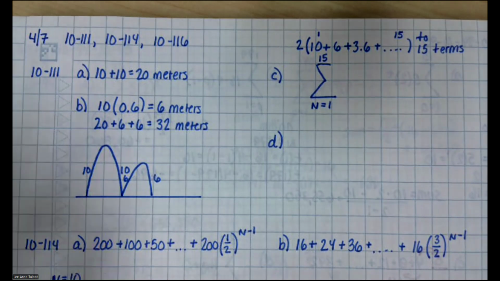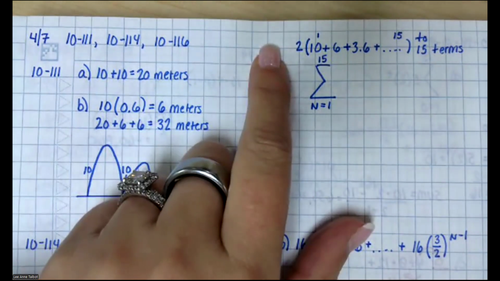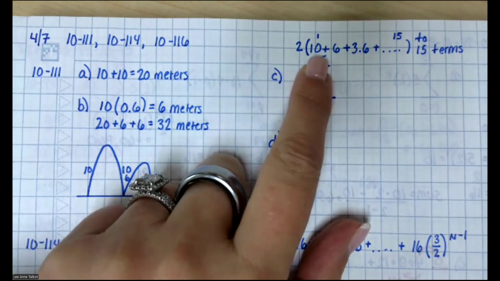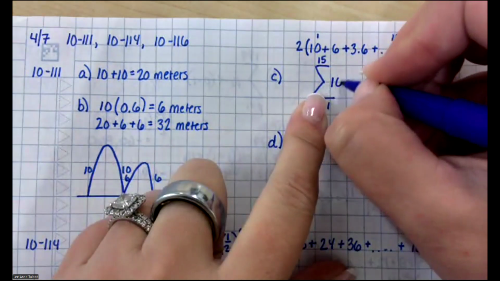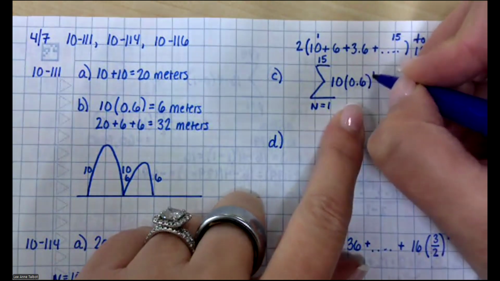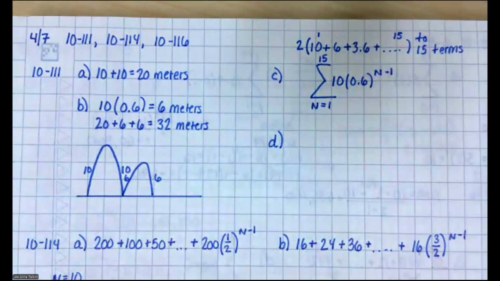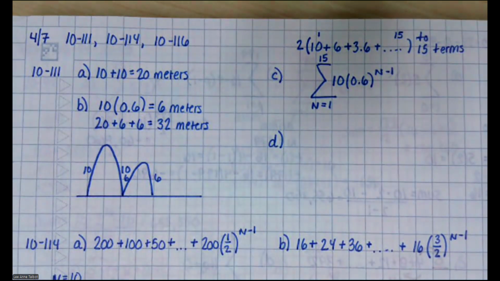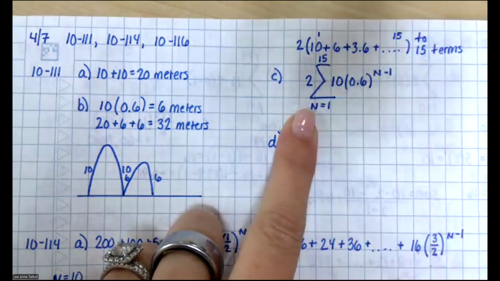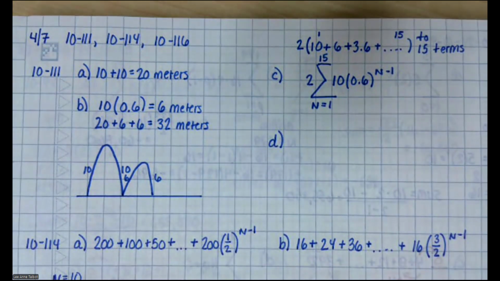Then I'm going to say I'm too lazy to find term 0, so I'm going to write this in terms of term 1. When I write it in terms of term 1, term 1 goes first, then the multiplier, and then I have to take 1 away from n to balance out the fact that I started with term 1 instead of term 0. Okay, but for this to make sense, I have to multiply everything by 2. So I'm going to put a 2 in the front.